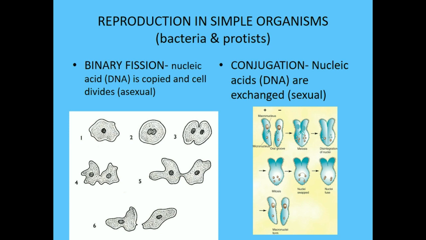They actually swap DNA between cells, and it gives them more variation and diversity, so that they can maybe survive better. But we call that conjugation. So binary fission is asexual reproduction for protists and bacteria, whereas conjugation is sexual reproduction. Being familiar with those terms, like what they mean, is really important.